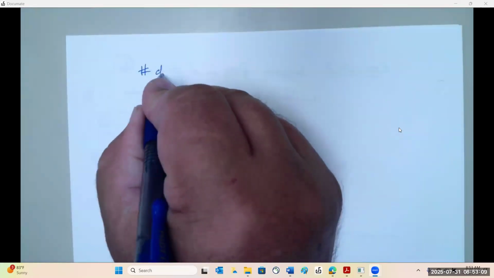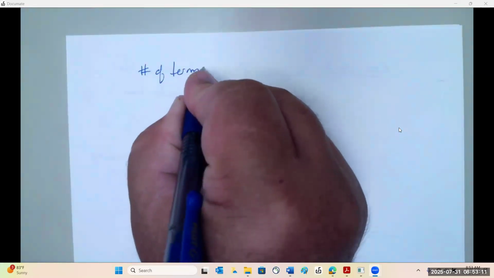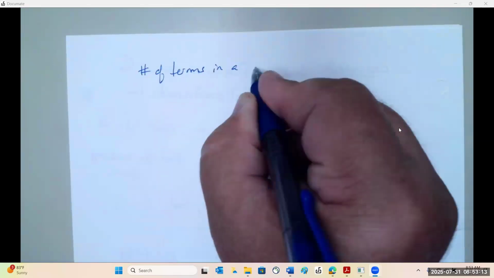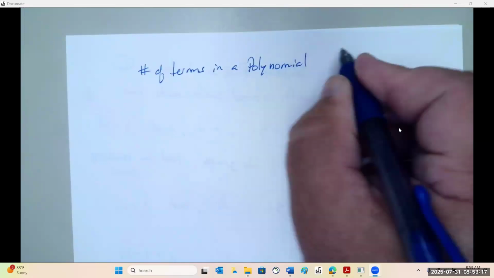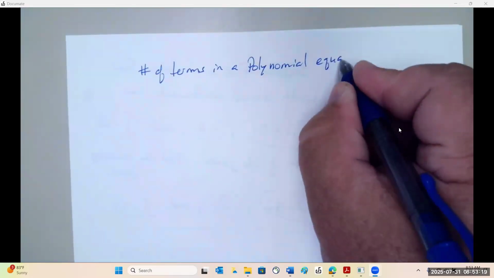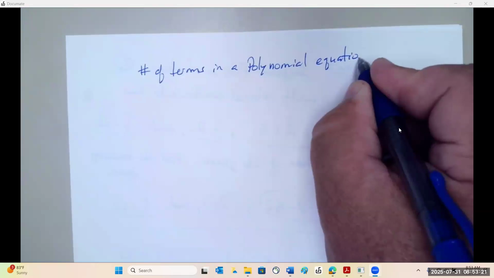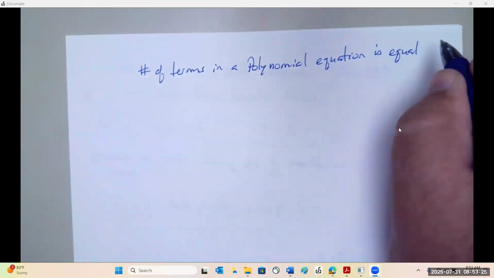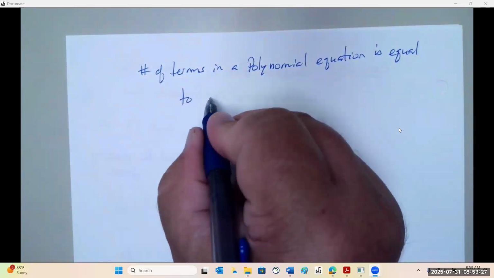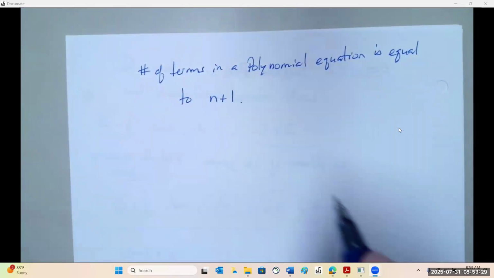Here's an unwritten rule. The number of terms in a polynomial equation is equal to n plus 1.